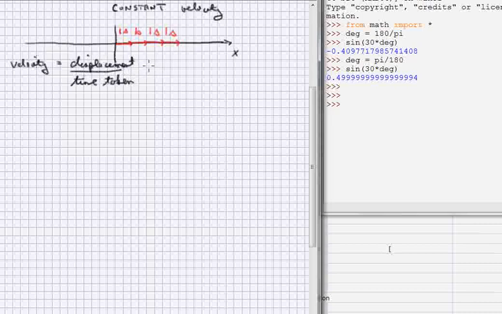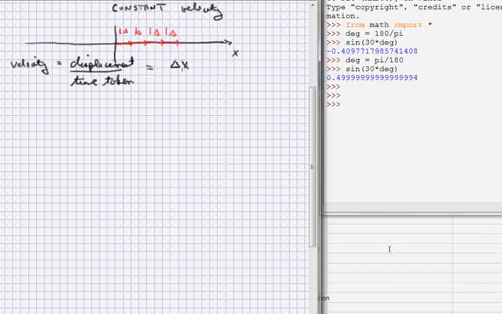And so I'm going to introduce a notation called the delta notation here, which we can write the displacement as the change in position, since I'm using x to track that.